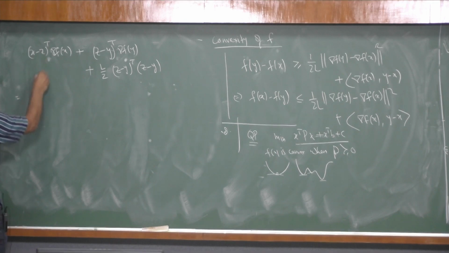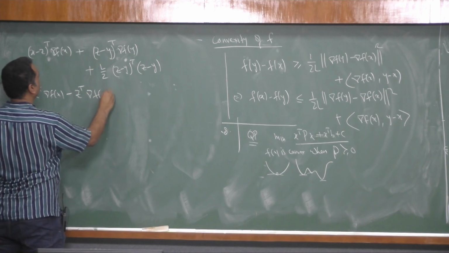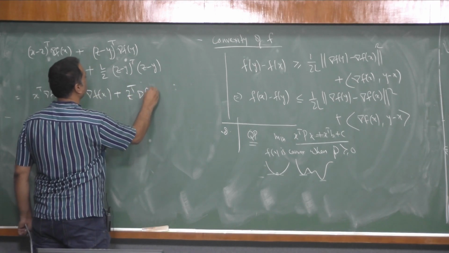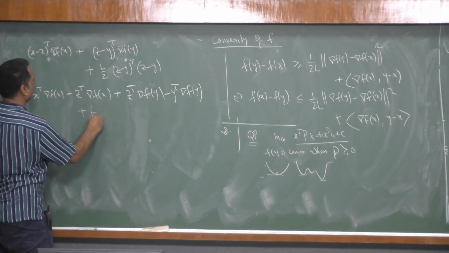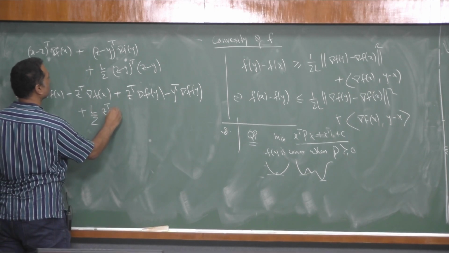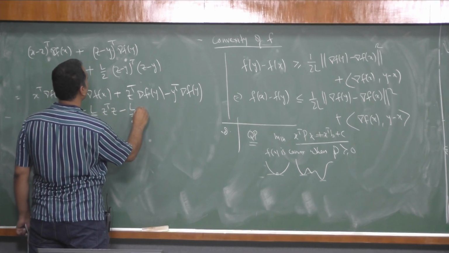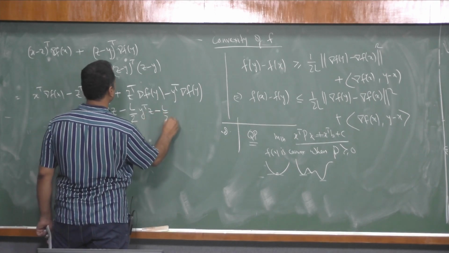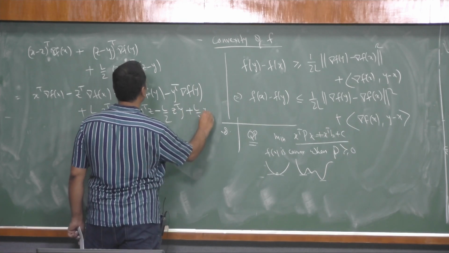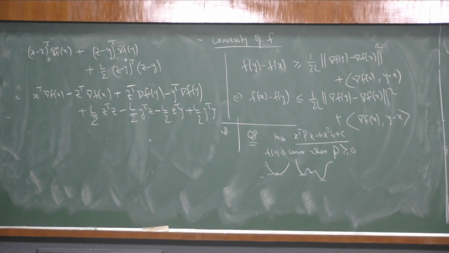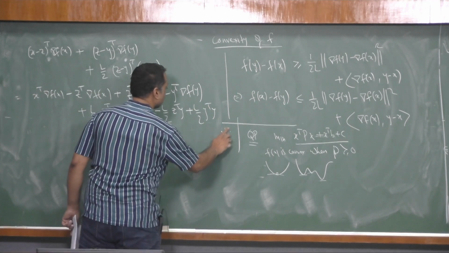So if we rearrange this, this is x transpose grad f(x) minus z transpose grad f(x) plus z transpose grad f(y) minus y transpose grad f(y), plus L by 2 z transpose z minus L by 2 y transpose z minus L by 2 z transpose y plus L by 2 y transpose y. I'm just doing it to tell you that this is of this form only, okay? But I have to do it once at least.